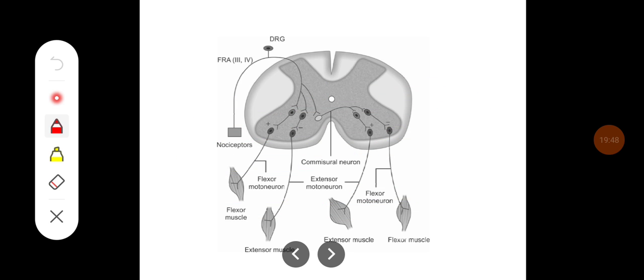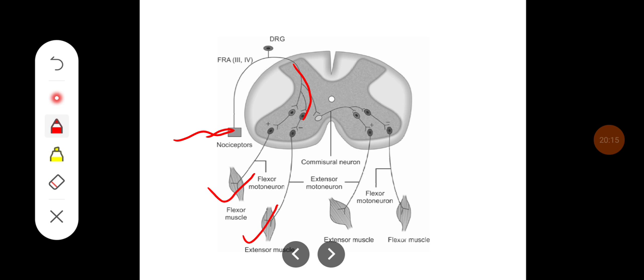Okay. So this is the withdrawal reflex. When the nociceptors get stimulated, it is going to cause a flexion reflex, which is going to cause the contraction of the flexor muscle, and they are going to inhibit the extensor group of muscles through the interneurons.